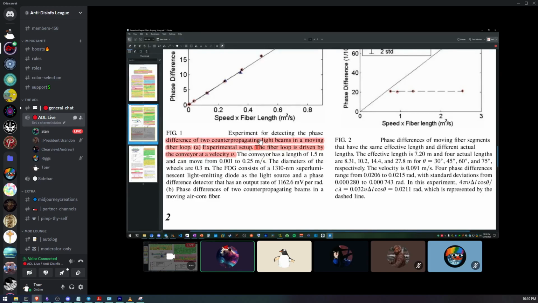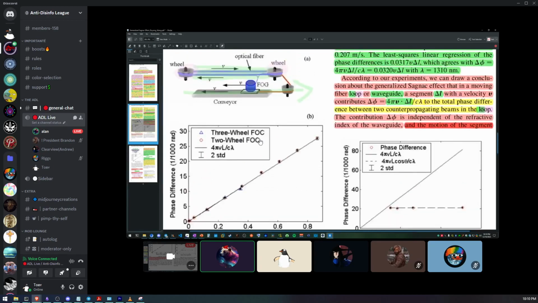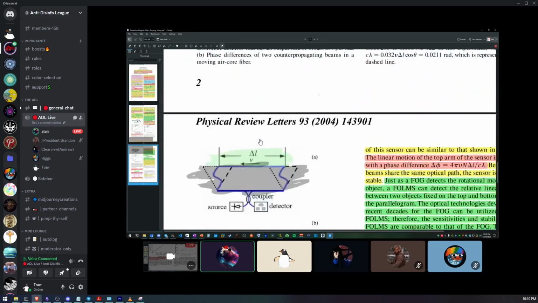The velocity is 0.09 meters per second, or 91 meters per second. Four phase differences range from 0.0 radians. Okay, the standard deviation from that to that is in the form of the equation given to derive it based off of the angles for the parallelogram configuration. So yeah, just basically the data set for the parallelogram.